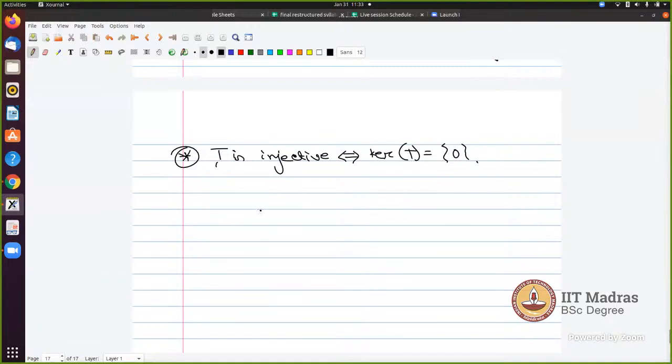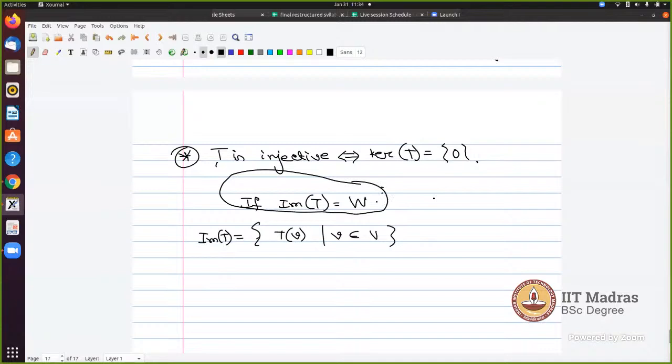And for image, what we have said: image means T of V, the set of all T of V for all V belonging to V. This is your image of T. If image of T is the whole space W, then T is surjective.